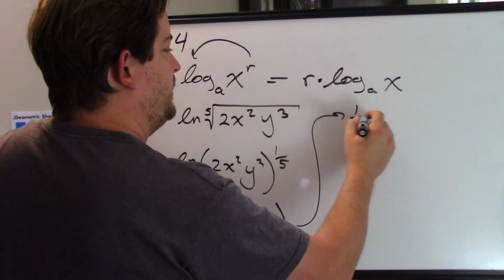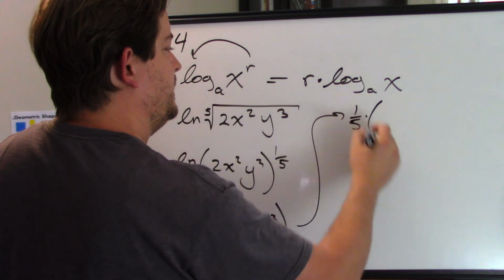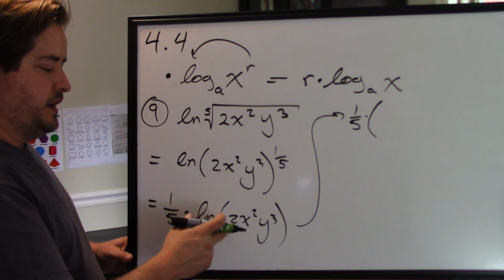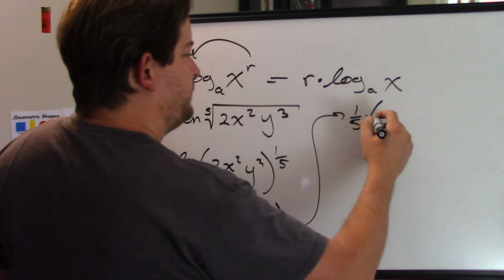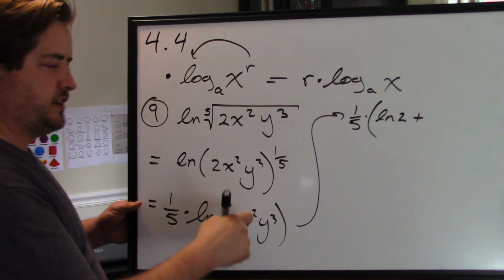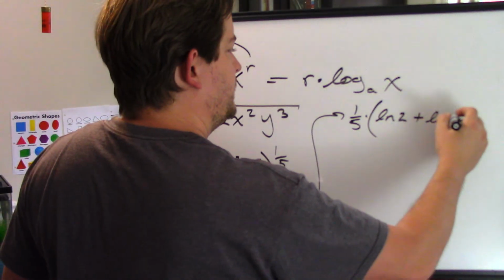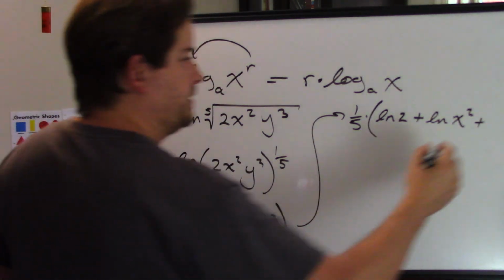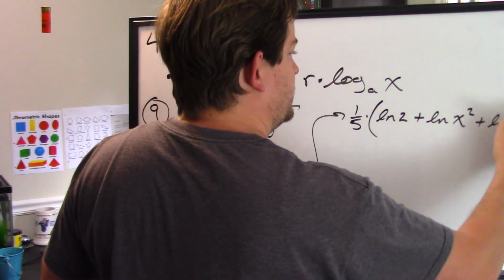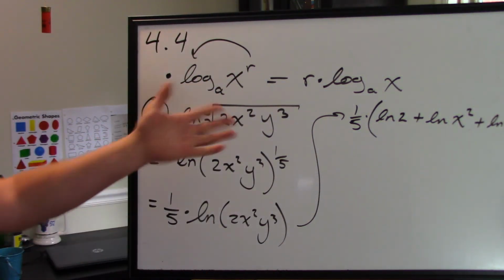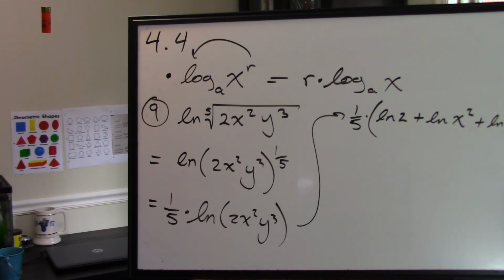So I'm going to write 1/5 multiplied by, and I'm going to open up a parentheses and then expand natural log. This would end up being the natural log of 2 plus the natural log of x squared plus the natural log of y to the third. And of course that 1/5 multiplied on all of them, so it would essentially distribute through.